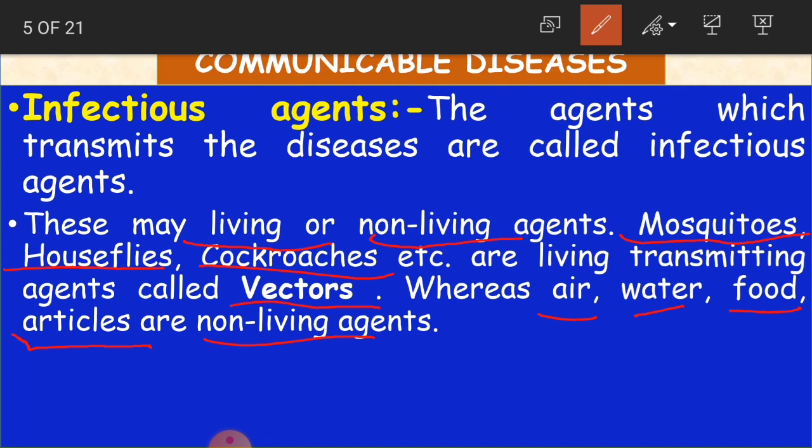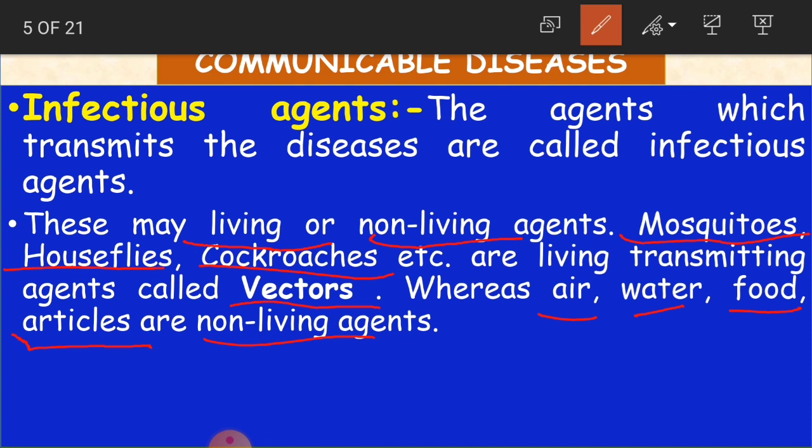So infectious agents may be of two types: living and non-living agents. If they are living agents like mosquitoes, houseflies and cockroaches, we call them vectors. And what comes under non-living agents, children? Air, water and food particles.